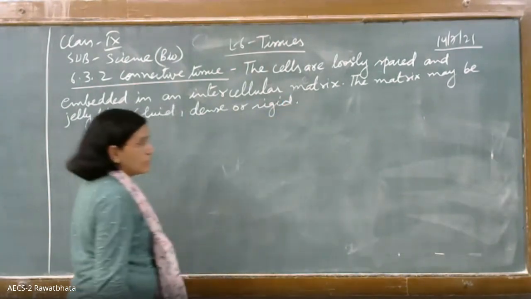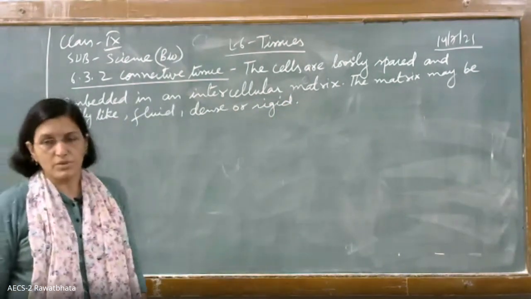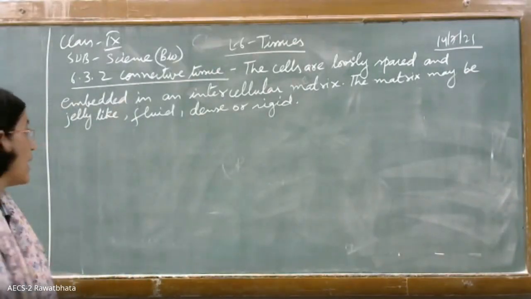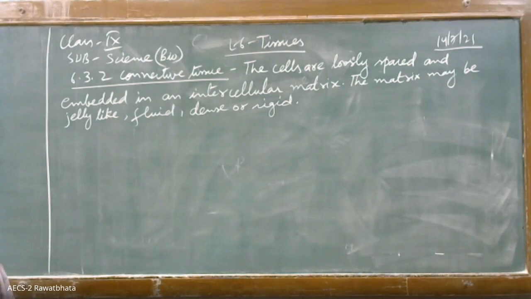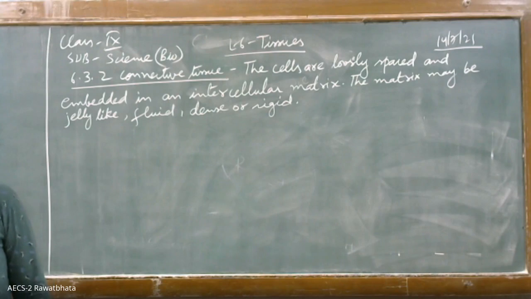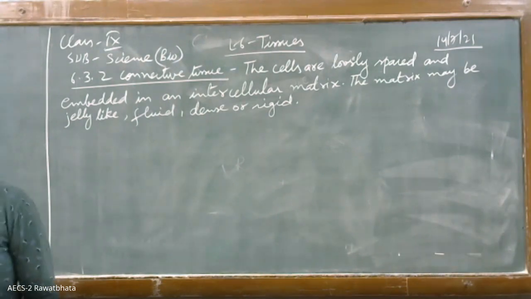This we are going to read, of course. It is rigid in case of bones, fluid in case of blood, and of course jelly-like almost. We are going to understand a bit about it in the other connective tissues. But basically we will be dealing with fluid and the dense matrix.